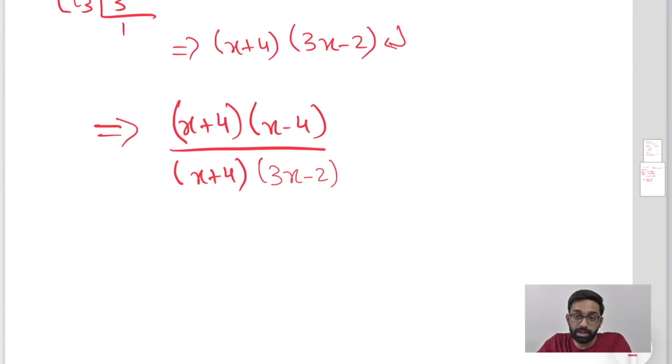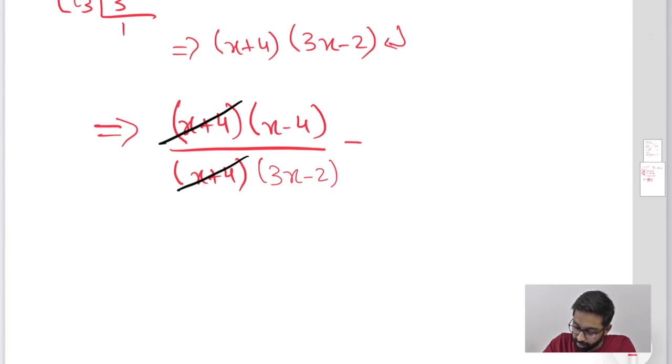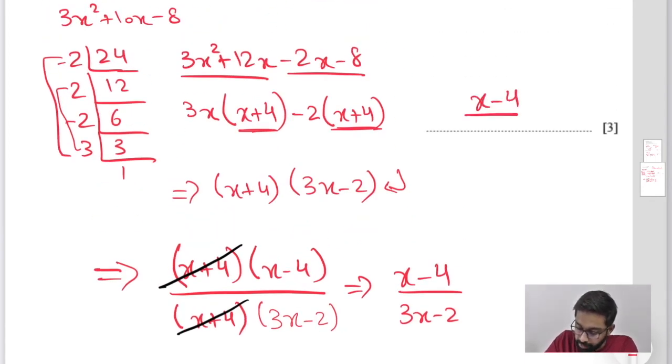Now I believe it's easier for you to simplify this question by cancelling out the x plus 4 at the top and the x plus 4 at the bottom. So you have finally, you're left with x minus 4 over 3x minus 2. This is your answer. So you write it right here: x minus 4 over 3x minus 2.